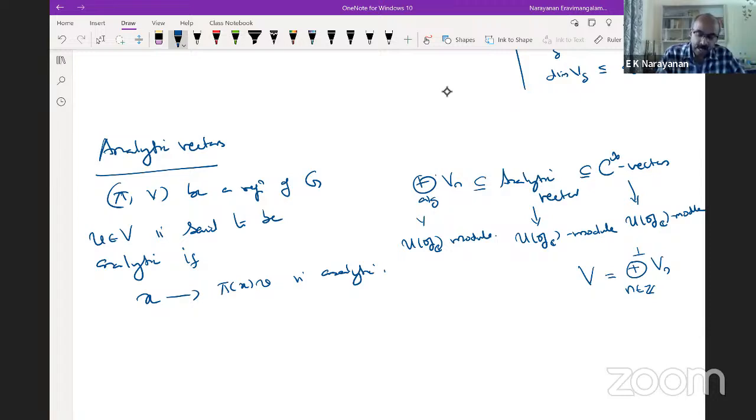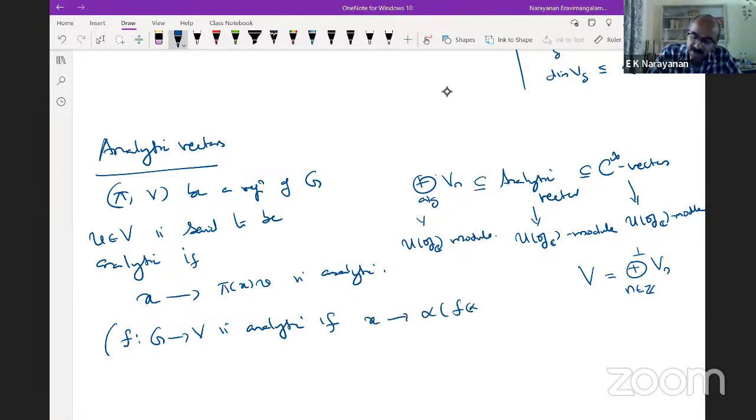Of course, for analyticity, weak analyticity and strong analyticity are the same. Let me recall that f from G to V is analytic if, when you compose it with a linear functional, x going to alpha of f(x), where alpha is in V star, is analytic; that will do.